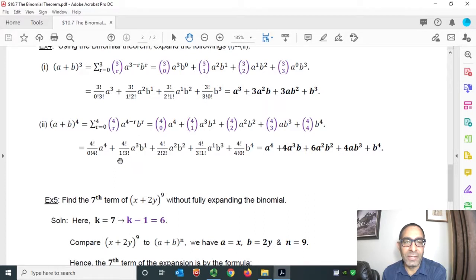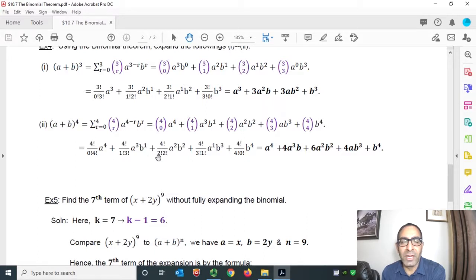By the way, 1 factorial is 1. The third term, 4 factorial is 4 times 3 times 2 factorial. We can cancel the 2 factorials there. So we have in the numerator 4 times 3, which is 12, over only 2 factorial, which is 2.